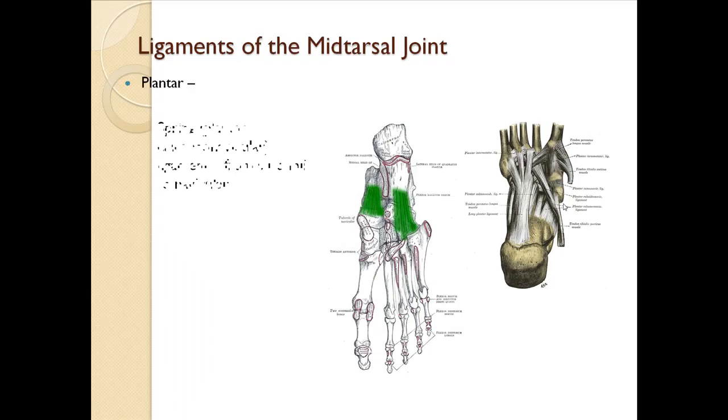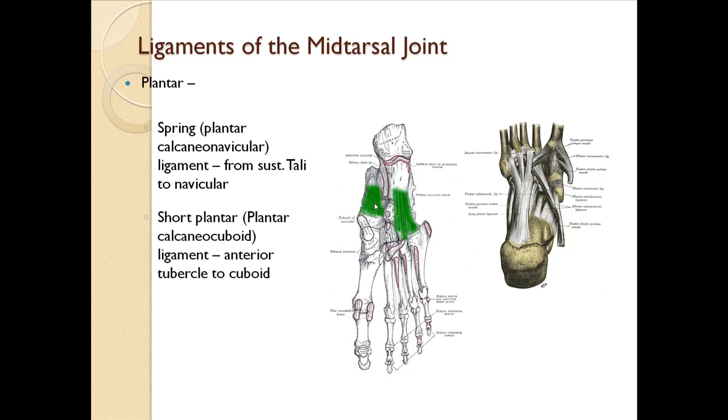On the plantar aspect, we've got three very strong ligaments. The spring ligament that we've mentioned already, called the plantar calcaneo-navicular ligament, going from the underside of the sustentaculum tali, as we can see here, across the length of the navicular. The function of this spring ligament is to hold the head of the talus up. Lateral to that, we've got the short plantar ligament, which goes from calcaneus along to cuboid.